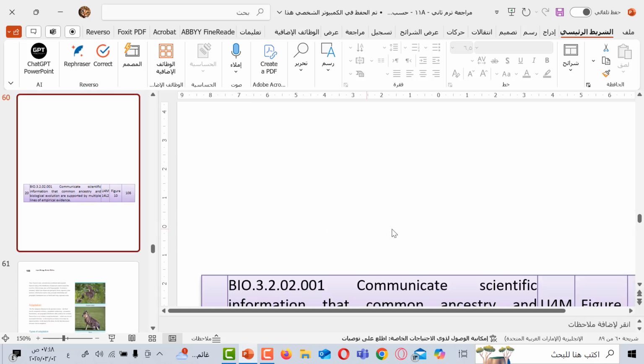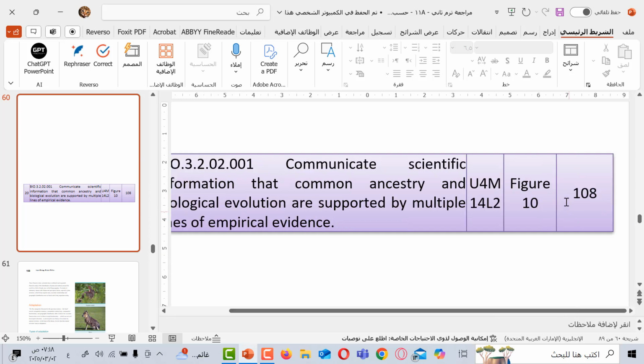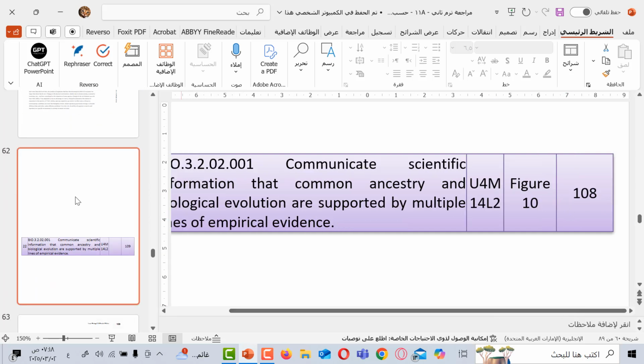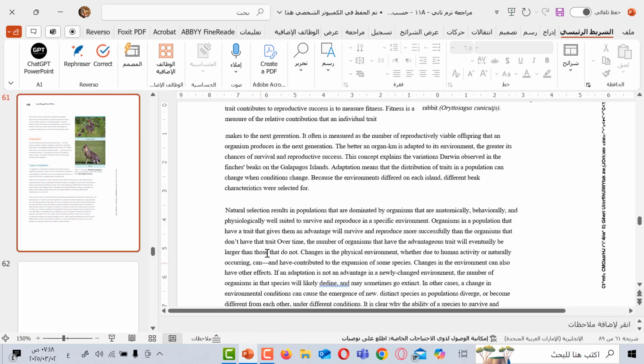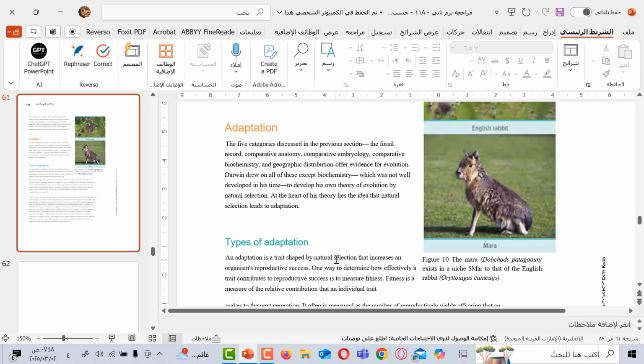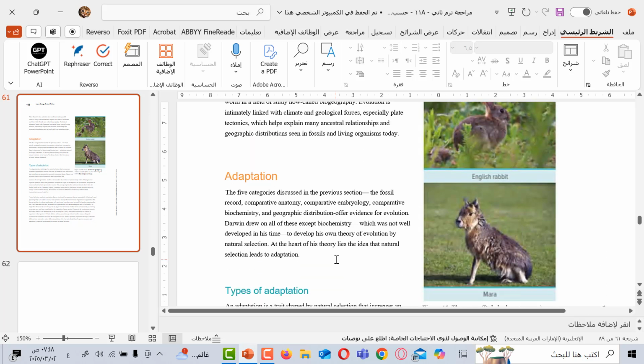Let us see another question. Question 20, that's figure 10 on page 108. This is page 108, and this is figure 10. The animals are called a mara and an English rabbit.